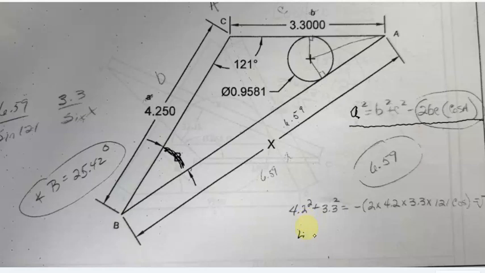4.25. Oops, come on. Work with me a little bit, computer. 4.25 squared is equal to, we know B, still need to know this other side here. Now how your professor is doing this is that he's finding the other sides and he's moving it.